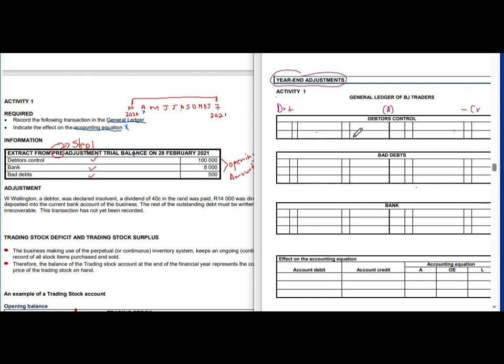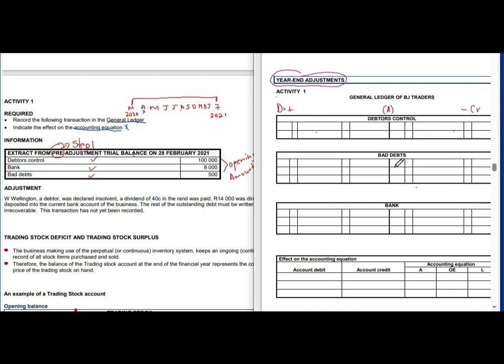It increases under the debit side because we hope that in future our debtors will come and pay us money. Whenever they come and pay us, the debtors control account is affected under the credit side, because our debtors are now settling the amounts that are due.